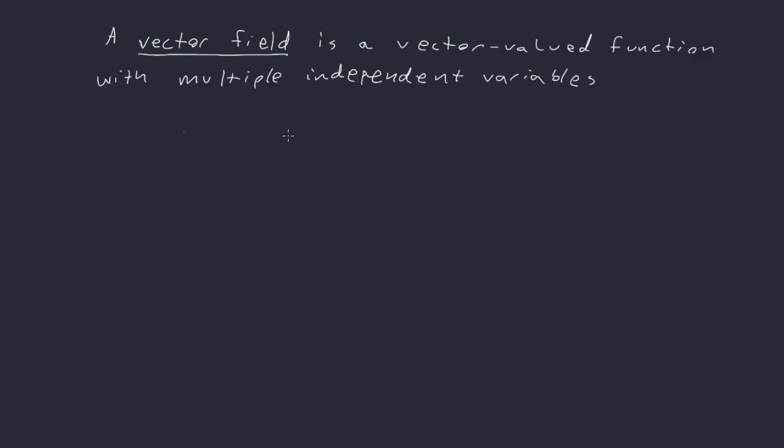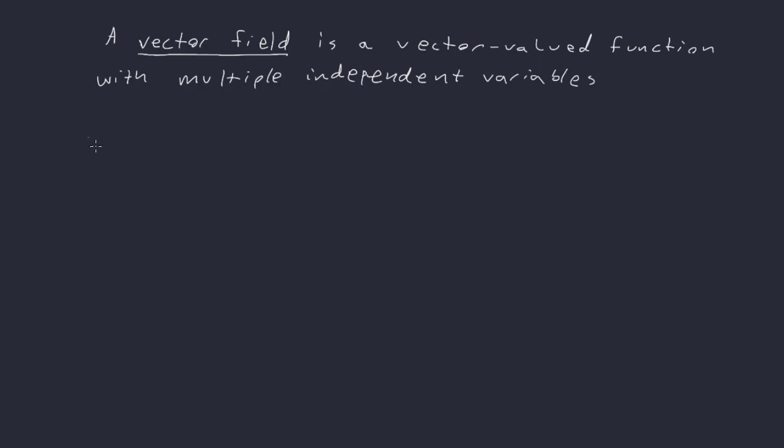Well, a vector field is really just a vector valued function, which doesn't sound all that new. However, it is a multiple dimensioned vector valued function. So a vector field is a vector valued function with multiple independent variables.